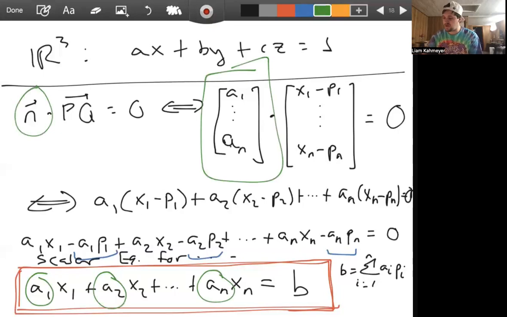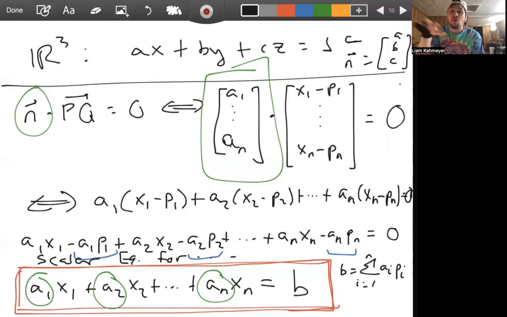And so if you have an equation for a plane, like let's come back up to R3, like this example, this plane necessarily has a normal vector given by ABC. And so we have this duality where we can obtain information about the normal vector from the scalar equation, or from the normal vector, we can obtain information about the scalar equation.